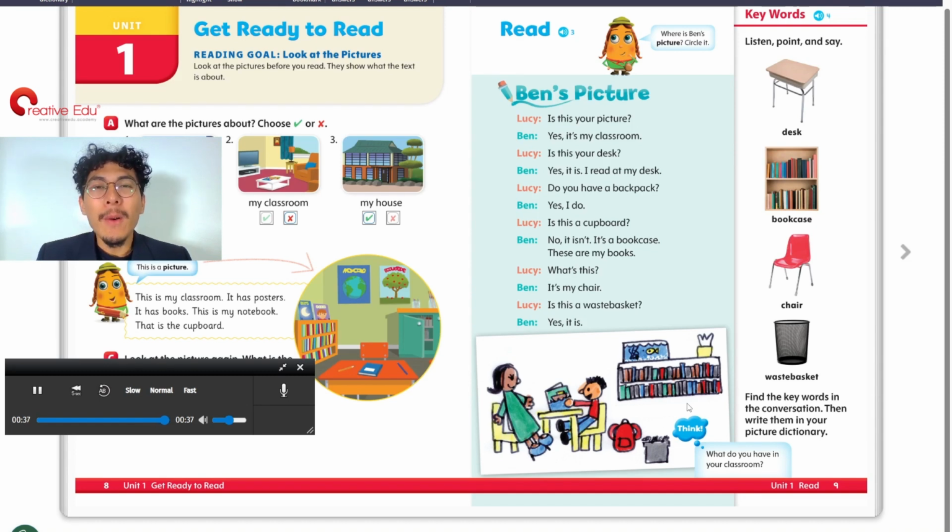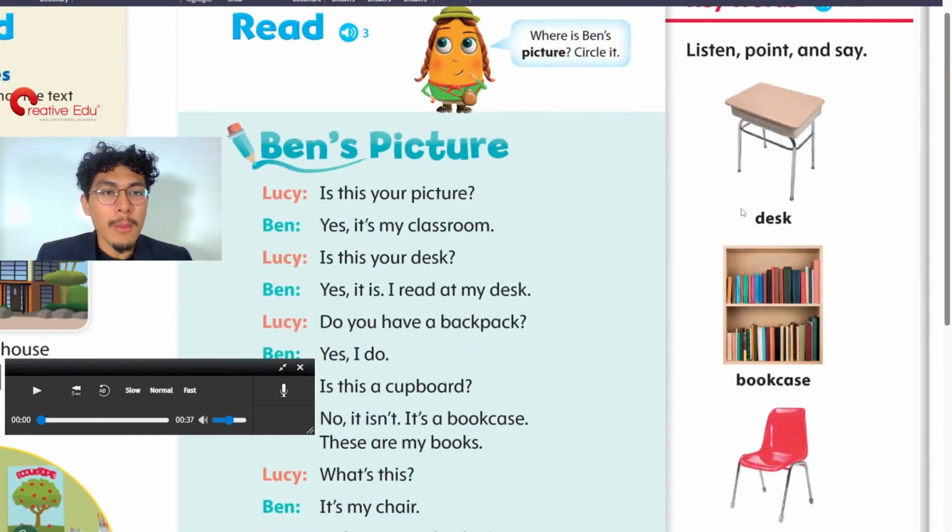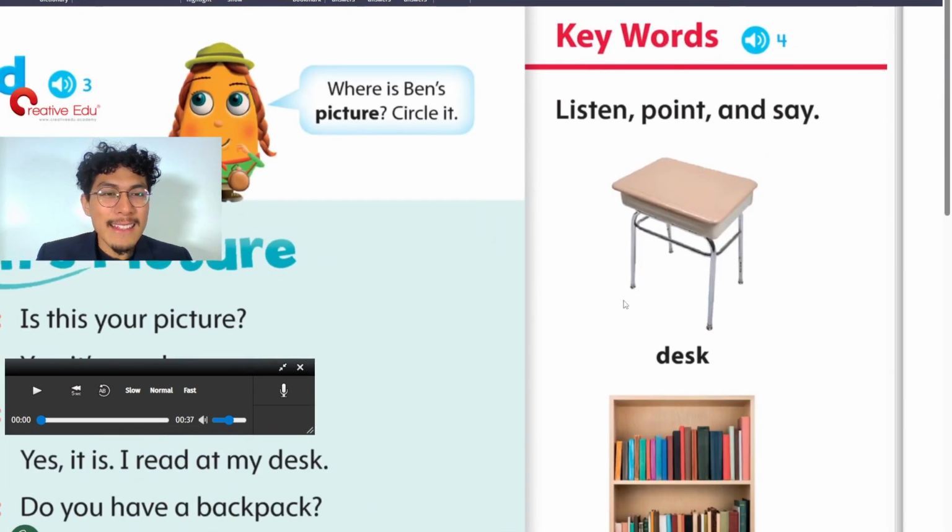Now, I want you all to find the key words in the conversation, and I want you all to write them in your picture dictionary. So, we have number 1, a desk.